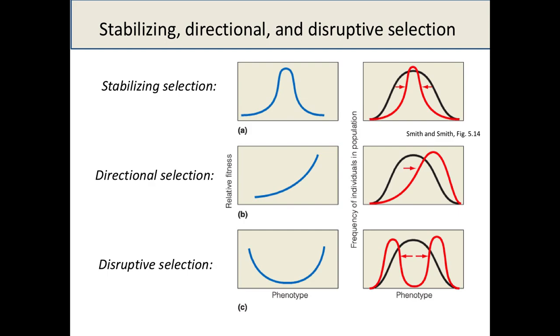Or potentially we can have disruptive selection, where the individuals at either end of the range are favored. When we looked at the finches, we saw that there were some individuals that had very small beaks, 5, 6 millimeters, and some individuals which had very large beaks.